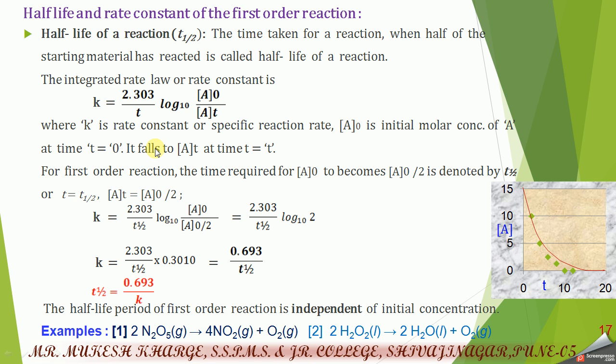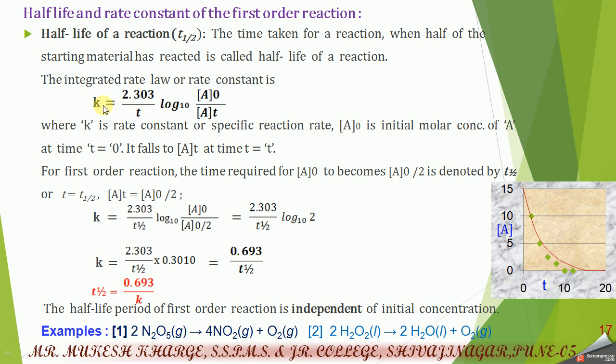Similarly, this is the first half-life period, and again when your concentration changes from 10 to half of it, means 5, then that time is the second half-life period of your reaction. So in this way you can calculate the half-life period. Half-life period is denoted by T half.